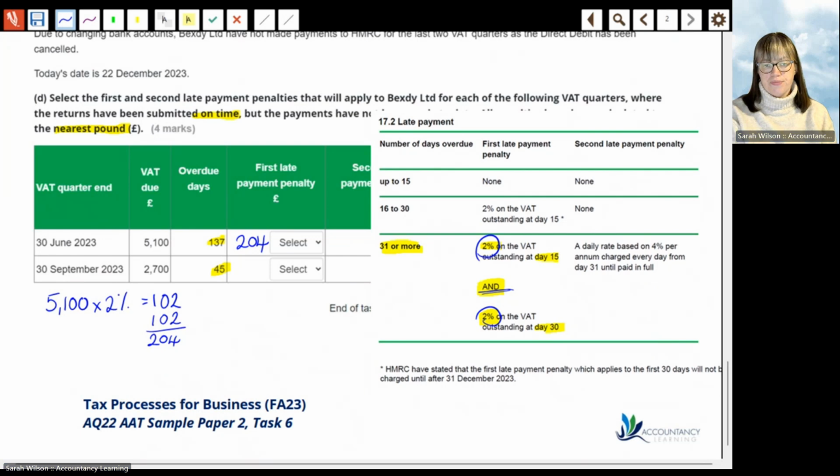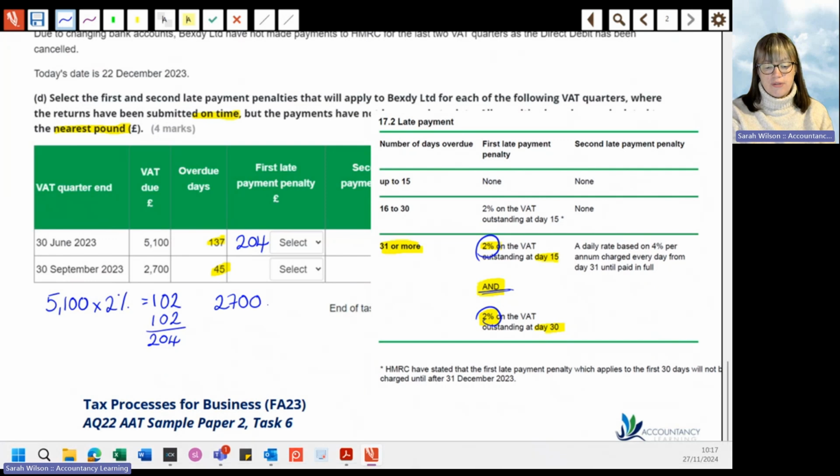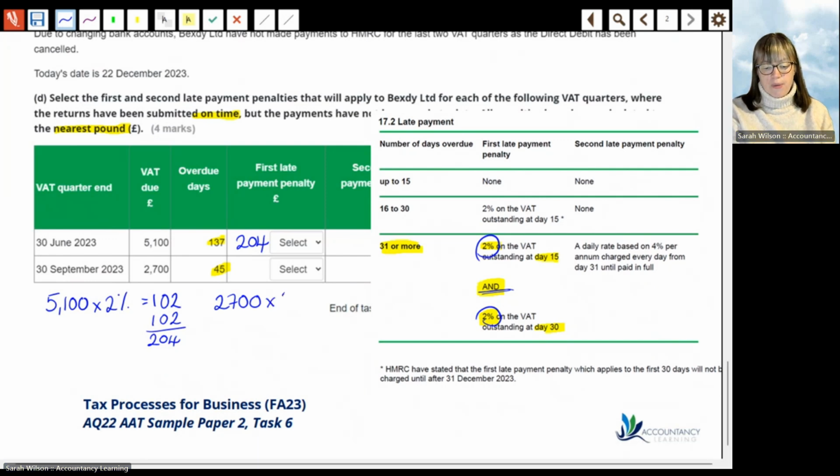For the 30th of September on the first late penalty, we're going to do the exact same thing, except we're going to be using the VAT due on that date. So 2,700 multiplied by 2%, which gives us 54.